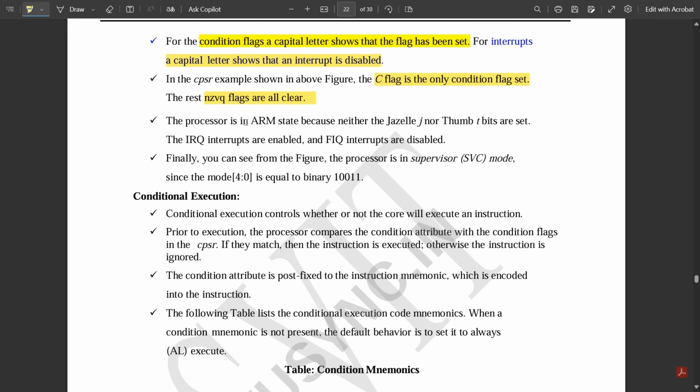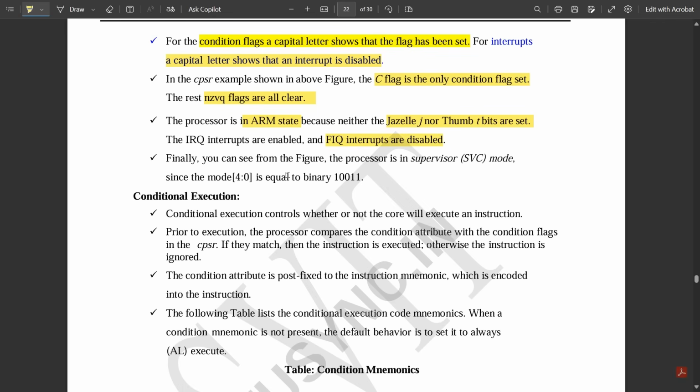The processor is in ARM state because neither the Jazelle J nor the Thumb bit is set. So when both the Jazelle bit and the Thumb instruction bit are not set, then we say that the processor is in ARM state. The IRQ interrupts are enabled and the FIQ interrupts are disabled.